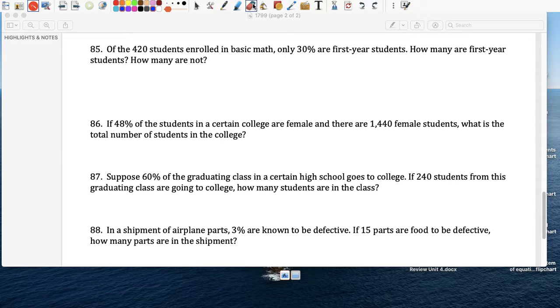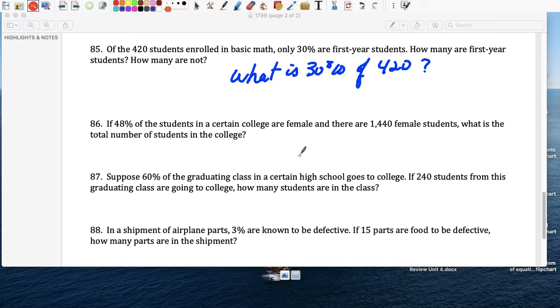That's not too uncommon. So what part of those 420 students are freshmen? What is 30% of 420?